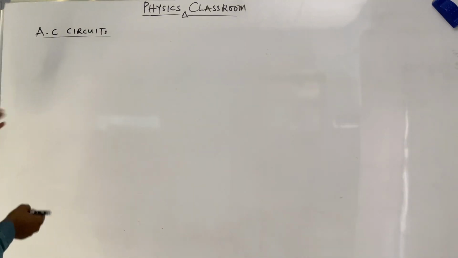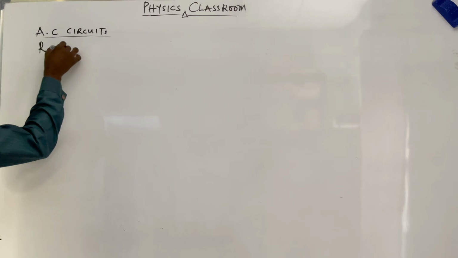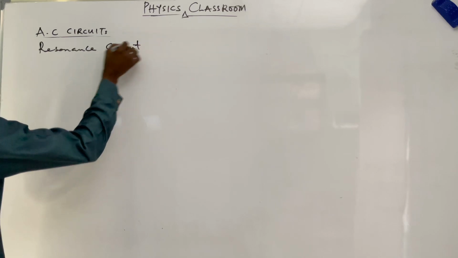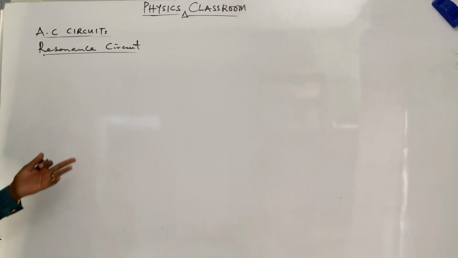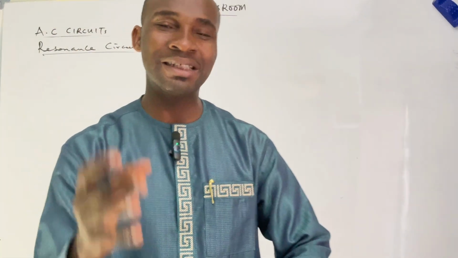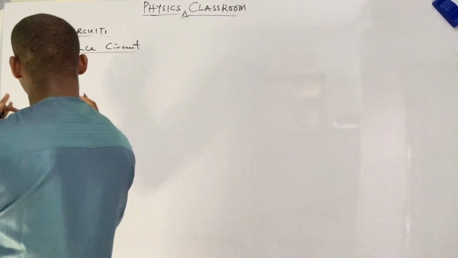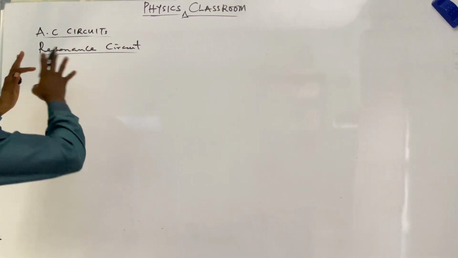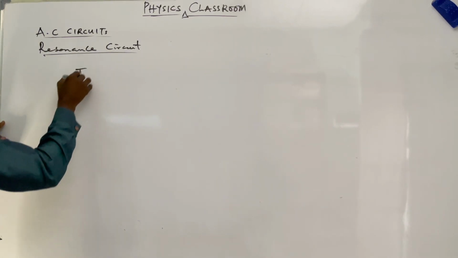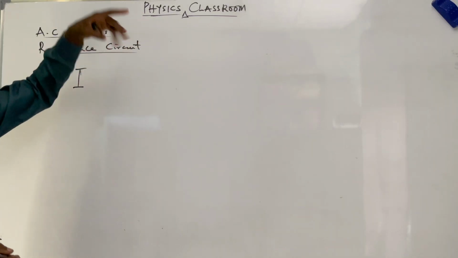Now, let's move to another very important aspect of simple AC circuits, which is the resonance circuit. What then is a resonance circuit? A resonance circuit is a circuit through which maximum alternating current flows. The maximum current we are talking about is I, and it's going to take place in the RLC circuit.